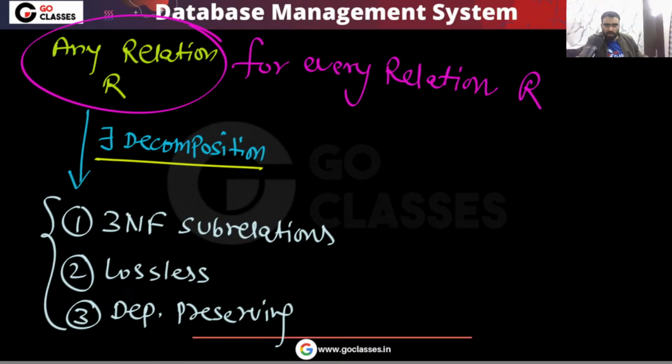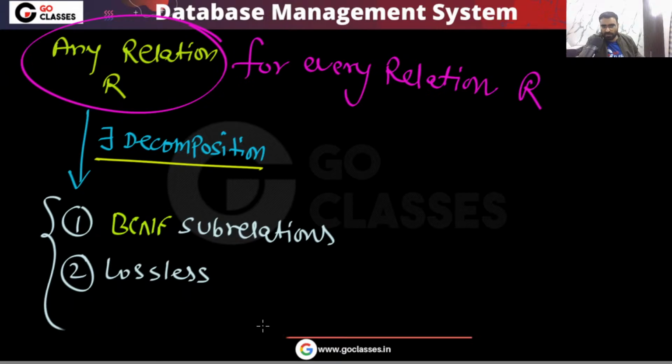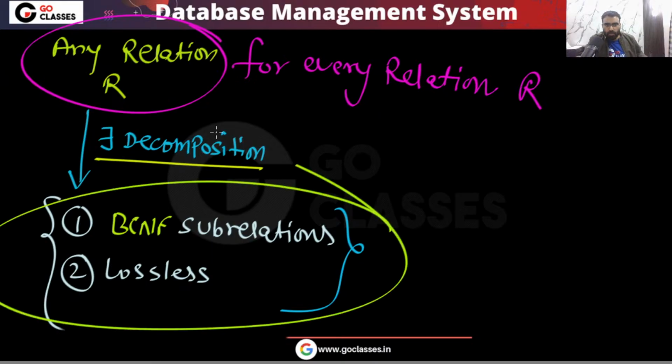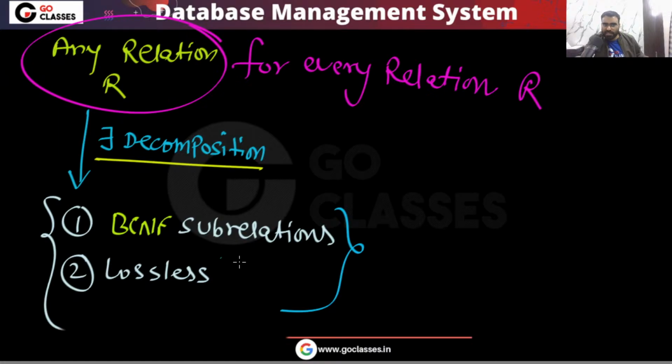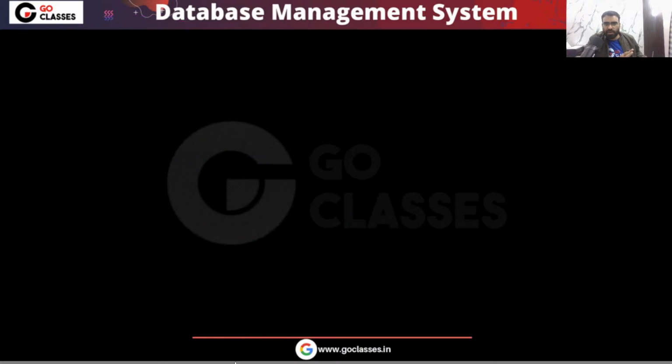Now let's see what about BCNF. If I want BCNF sub-relations, then I can get lossless, but dependency preservation may not be possible. These two properties I can get for every relation R: the sub-relations will be in BCNF and the decomposition will be lossless, but dependency preservation may not be possible.